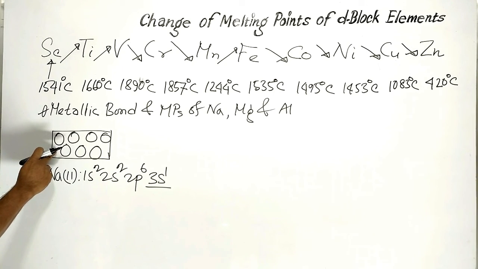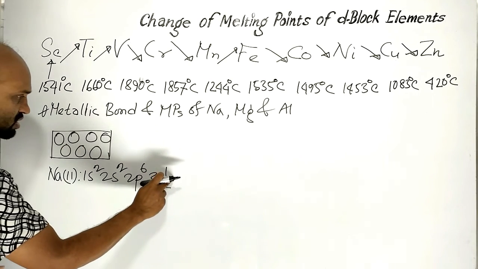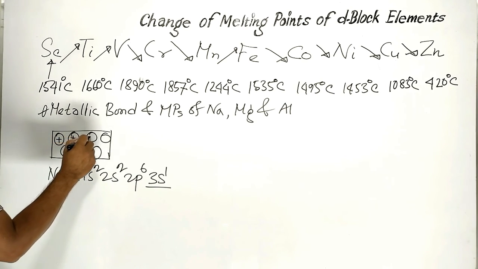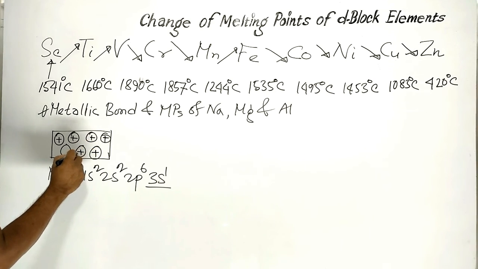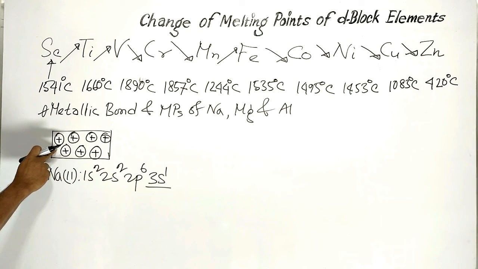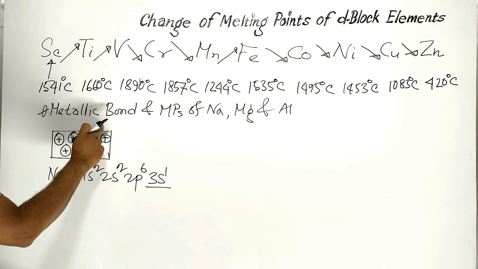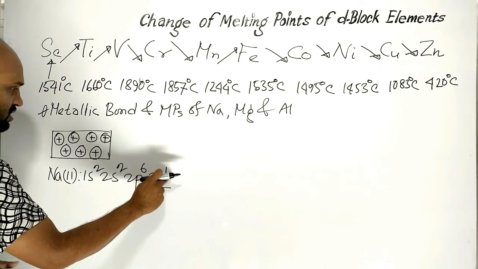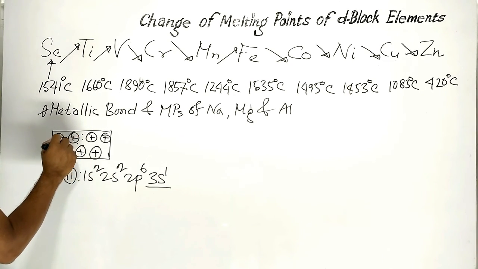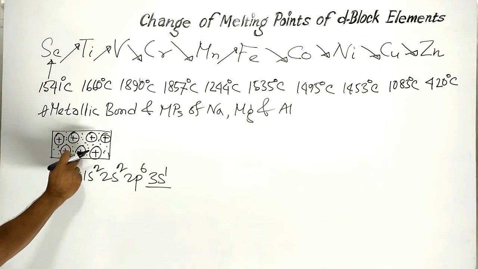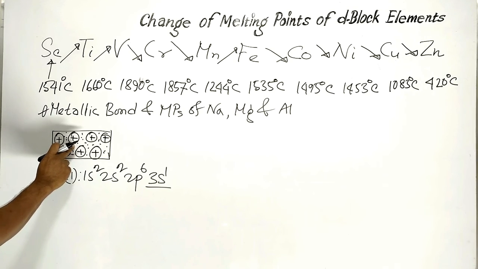In the piece of sodium metal, all the sodium atoms donate one electron each, and sodium atoms turn into unipositive charge ions like this, because here all the atoms donated one electron from its outermost shell, and this electron remains among the positively charged ions.